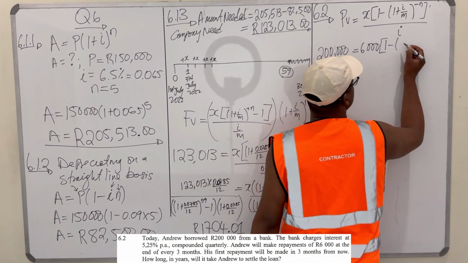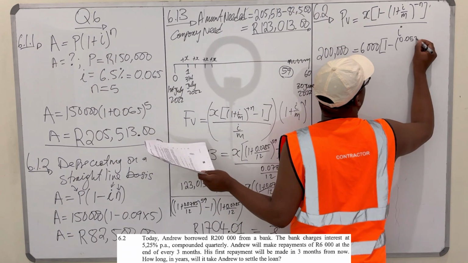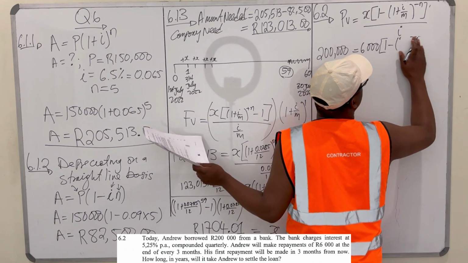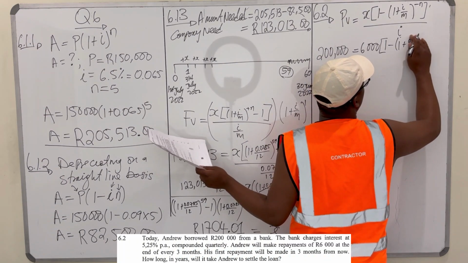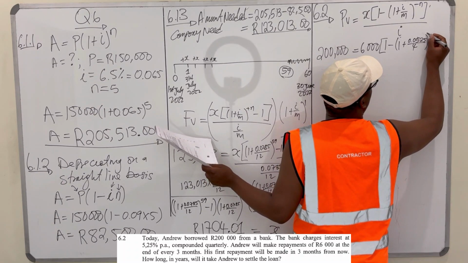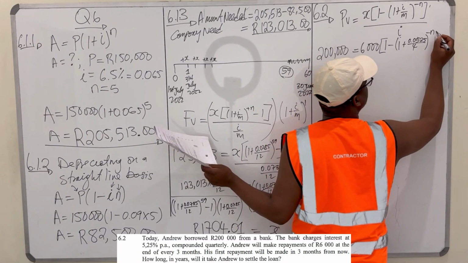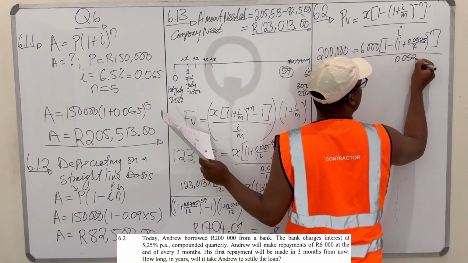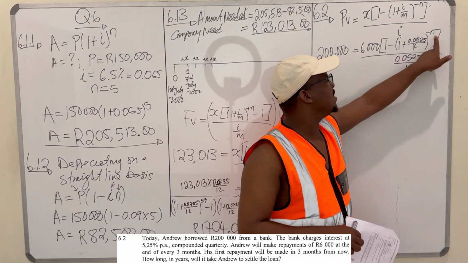Into 1 minus 1 plus 0.0525, a quarter should be plus, it should be 1 plus 0.0525 quarterly, raised to whatever number of payments he'll be making, all over 0.0525 divided by 4. So we want to check how many payments he'll be making there.